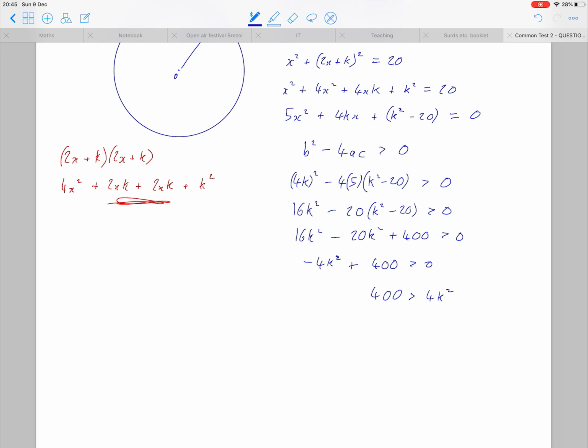I don't then have to remember this extra rule about changing the direction of the inequality. Now I can divide by 4. k squared is less than 100. For a square number to be less than 100, that number must be trapped between minus 10 and 10.